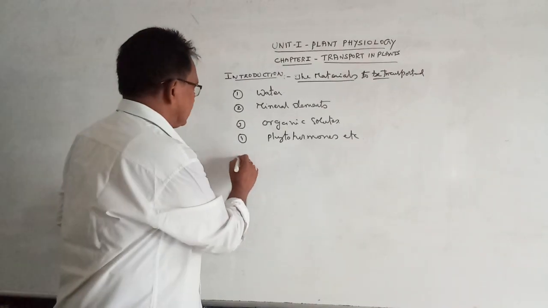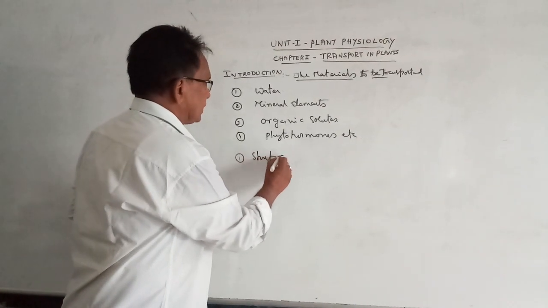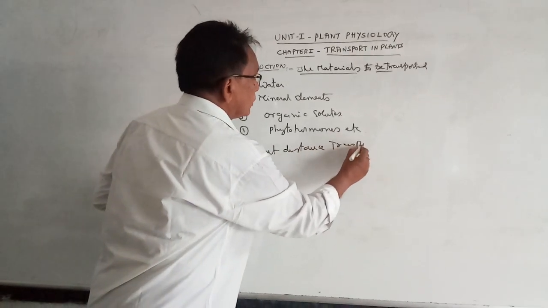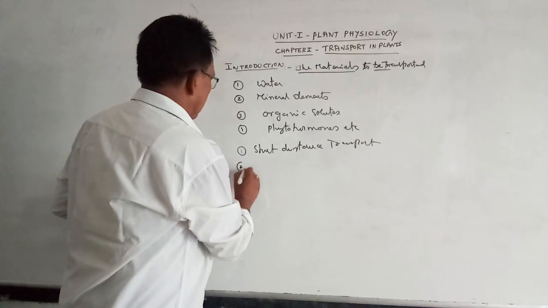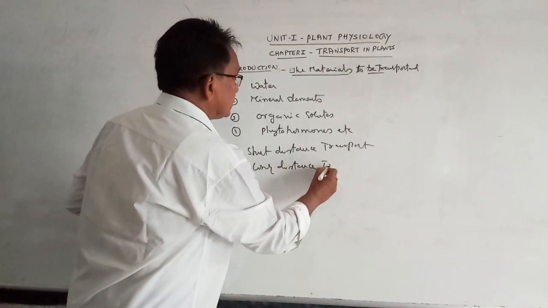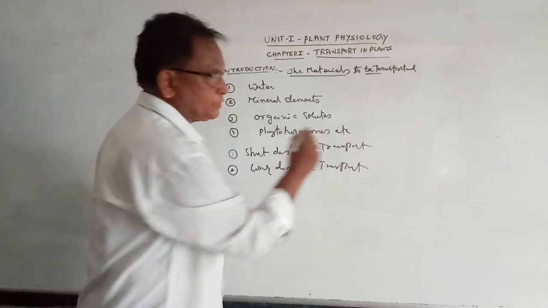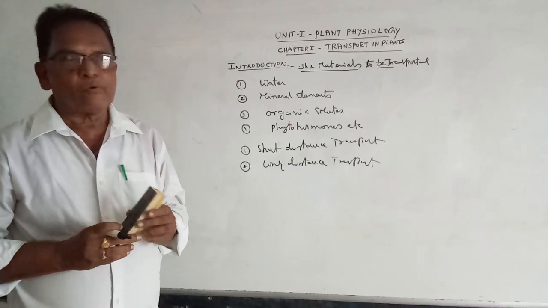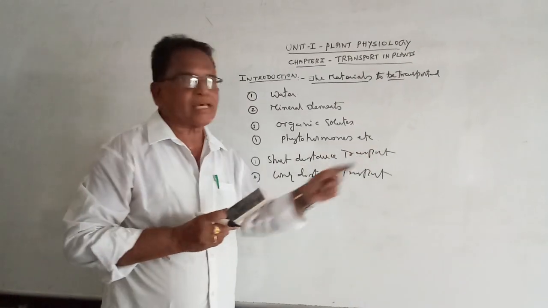The first one is short distance transport, and the second one is long distance transport. Two types. You can classify this transport into these two categories. What is meant by short distance transport?